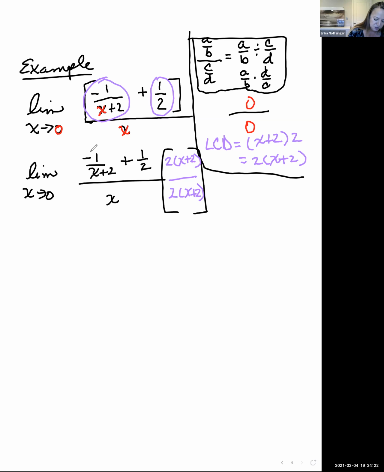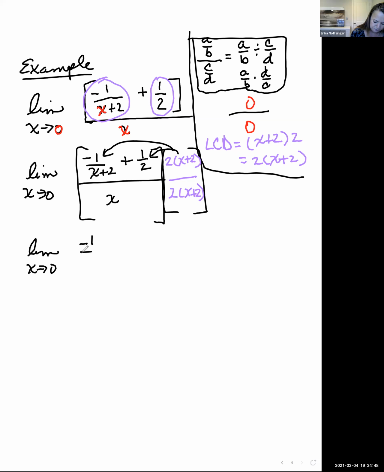Notice when we distribute our LCD to each fraction in the numerator, our denominators go away. The whole point of multiplying by that LCD was so we could clear those fractions, and we chose something that would do that. So -1 times 2 times x plus 2, over x plus 2. When we distribute, those x plus 2's cancel.